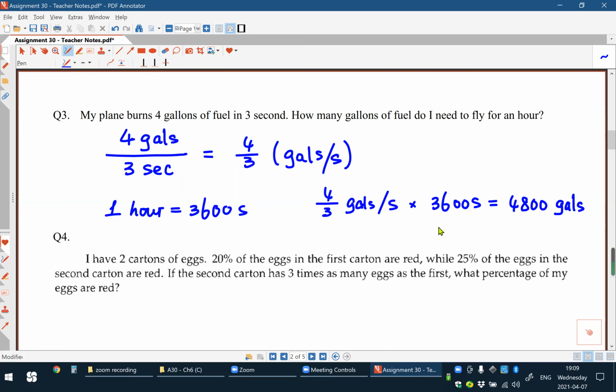This is the total amount of fuel you need. Okay, so let's make the conclusion. For 1 hour.